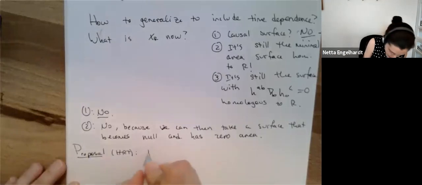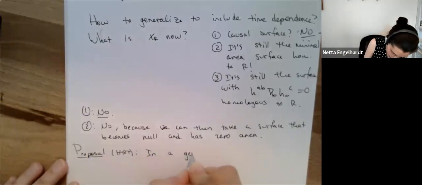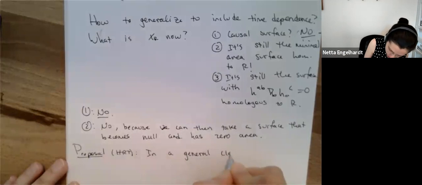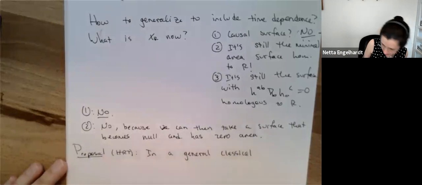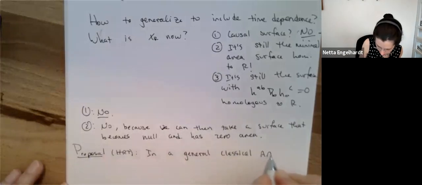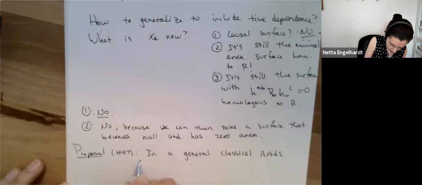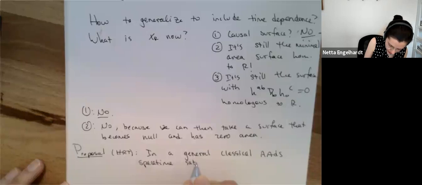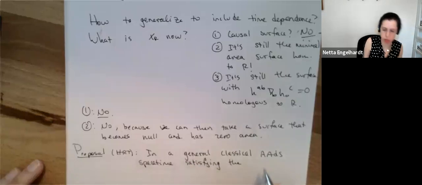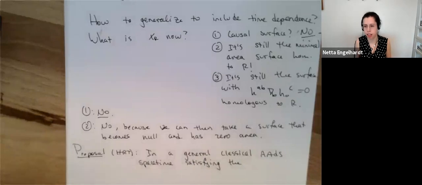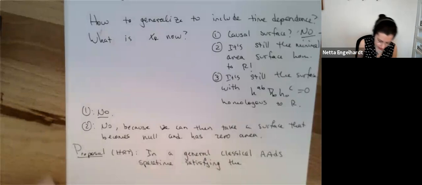So in a general, classical, we still haven't included quantum corrections. So classical, asymptotically AdS spacetime, that we're going to have to demand satisfies the null energy condition. This wasn't part of the original proposal, but it's possible to find various violations of things like strong subadditivity if you don't demand it.